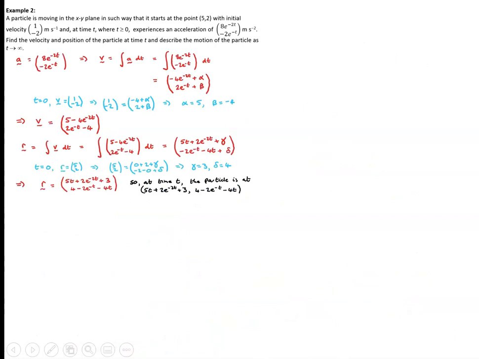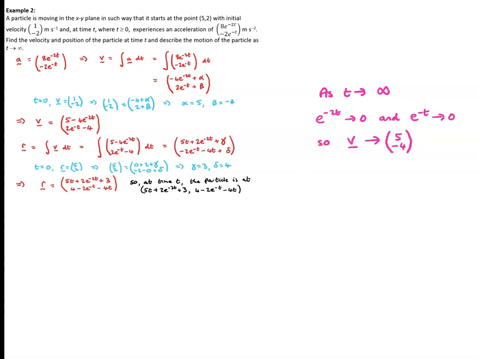Now finally, we've got to consider what happens to the motion of the particle as t tends to infinity. And the important thing to notice is that as t tends to infinity, e^(-2t) tends to 0, and e^(-t) tends to 0.